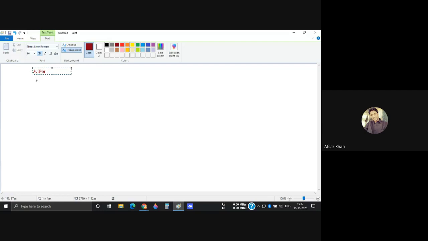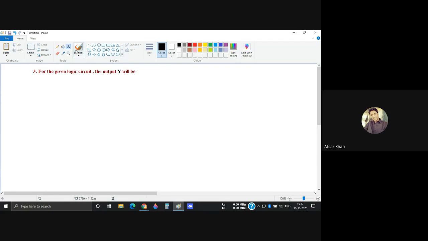For the given logic circuit, the output y will be... so we have to find the output y here for the given circuit. The circuit has one NAND gate with inputs A and B, and another NAND gate with inputs C and D. It is a very simple question, you can easily solve this.